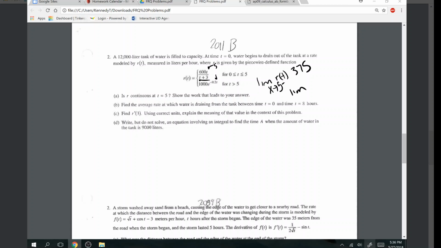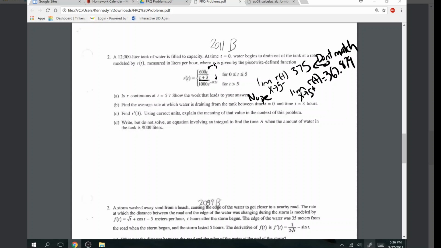And the limit as t approaches 5 from the positive side of R of t, that's in the E equation, equals some garbage like 367.879. And those don't match. So you're like, nope. And as my justification, I'm going to say they don't match. All right, seems good. All right, next one.